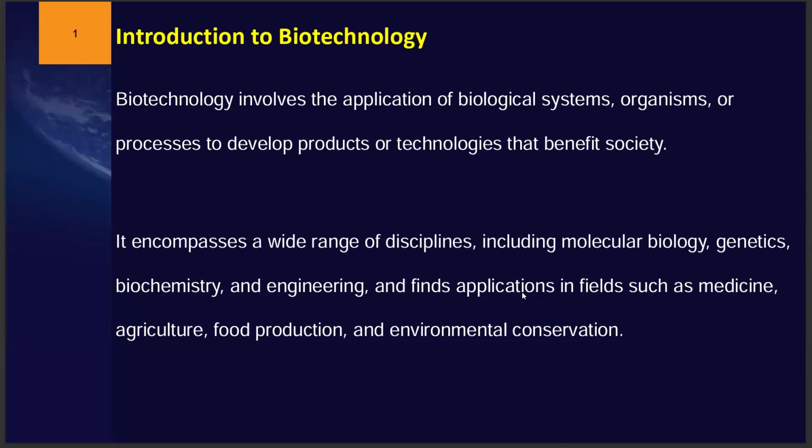Environmental conservation is my interest. Agriculture is my interest. Food production, medicine is not basically my interest. My interest is basically agriculture, the food bit of it. How do we make sure that we have food security?